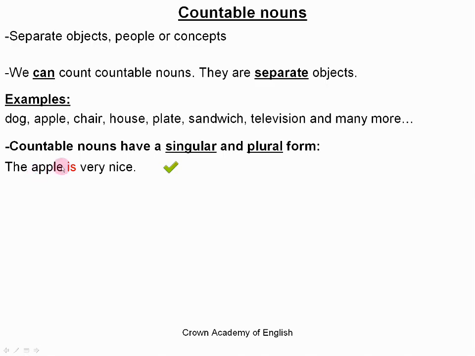Apple is in the singular form here. There is no S. And very, very important, since the noun is singular, then the verb must be singular as well. So is, this is the third person singular of the verb to be.